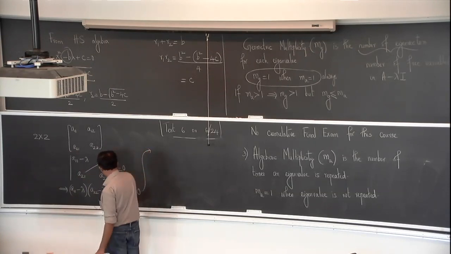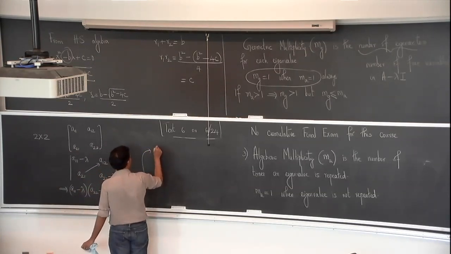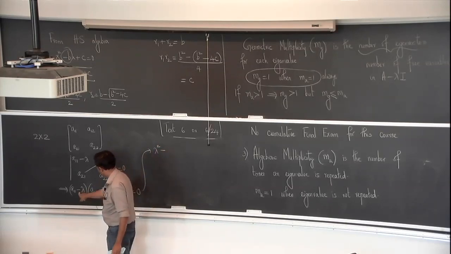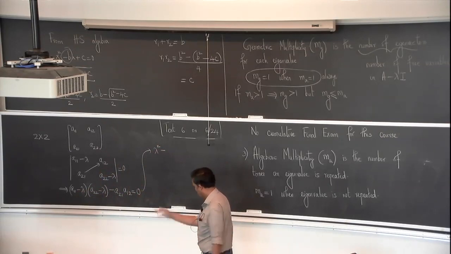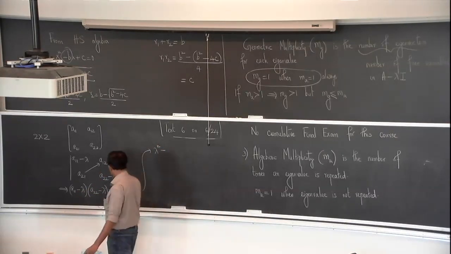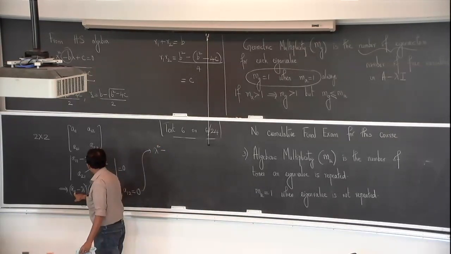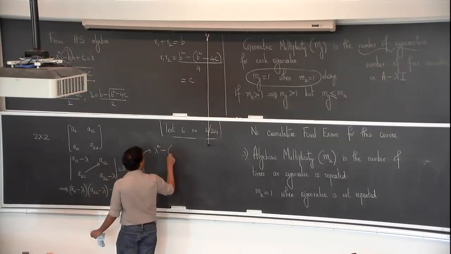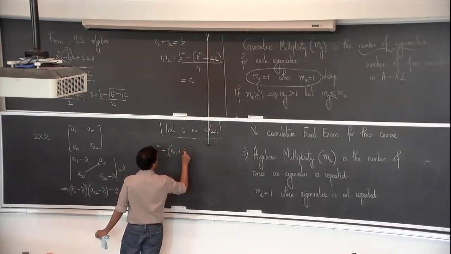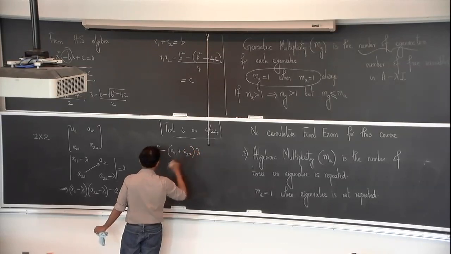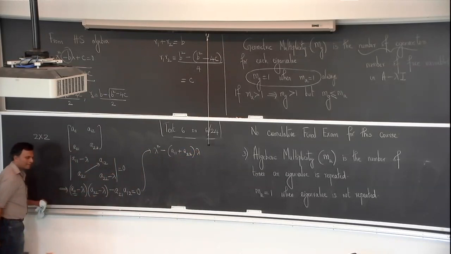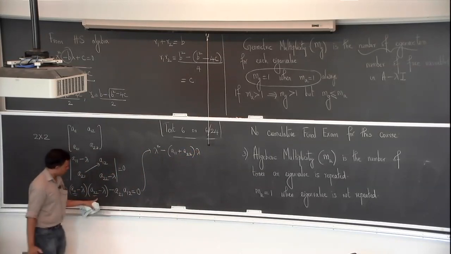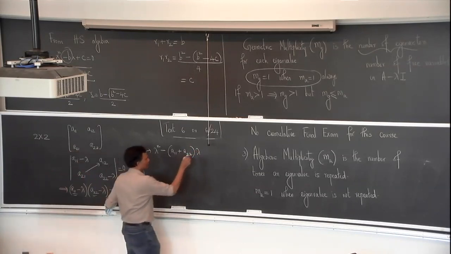If you expand this, you get lambda square, that's the last of those 4 terms when you do the FOIL. Lambda square minus A11 plus A22 times lambda, that is going to be this term and this term. Plus there's the product, A11 A22 minus A21 A12.